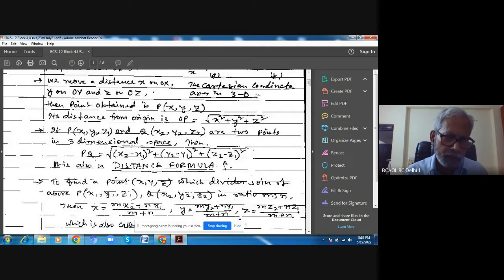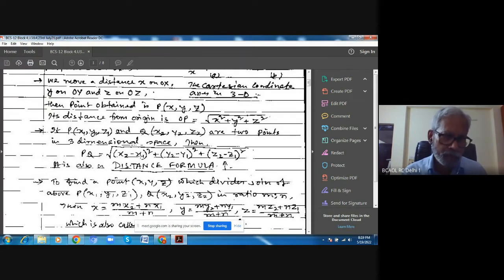Suppose PQ, in case of three dimensions, will be root over the final x coordinate. Suppose a point has shifted from x1 to x2. In that case, it is the finishing point minus the starting point. Always remember it should not be x1 minus x2, because x1 is your starting point.